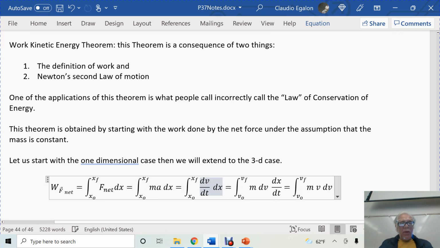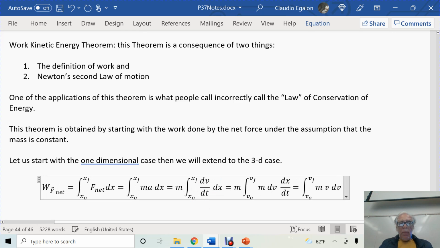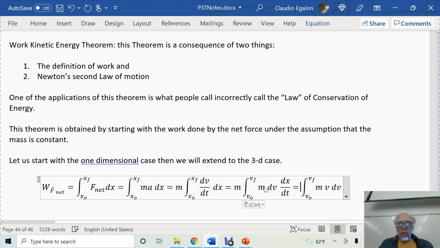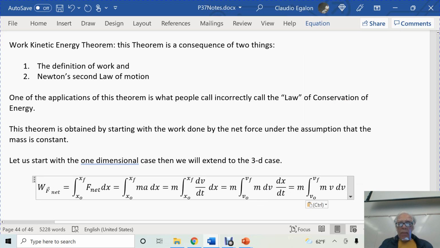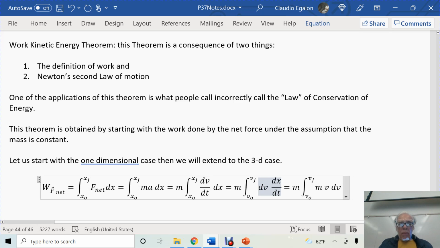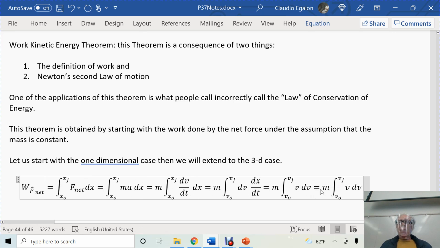Put it here, put it here, and put it here, and put it here. Here you go. Now we're going to solve this integral.